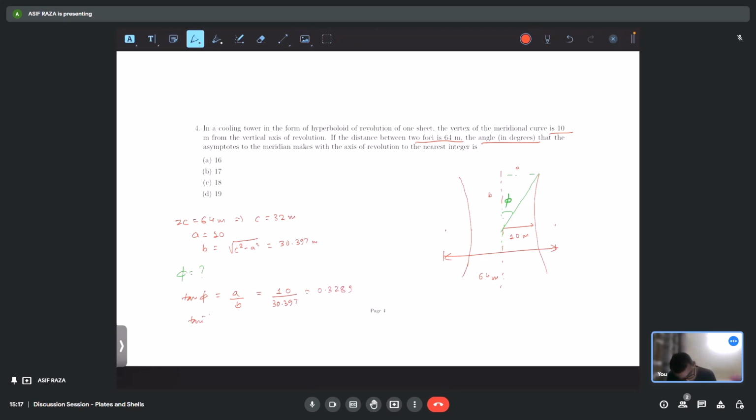So phi would be equal to tan inverse of 0.3289, which would be equal to 18.2 degree. So if you are rounding it off, it will be equal to 18 degree.